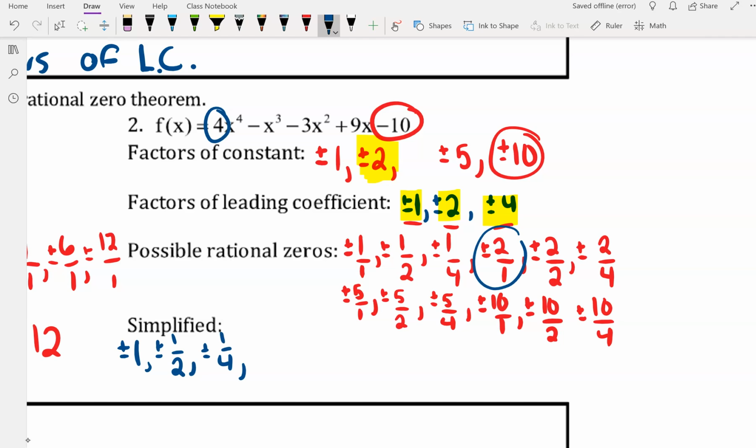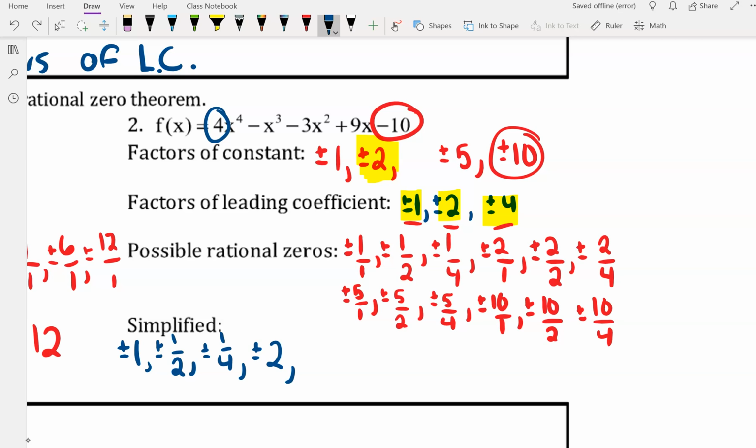Now, next in our list, we have plus or minus 2 over 1, which I just reduced to plus or minus 2. All right, then next on the list, we have plus or minus 2 over 2. 2 over 2 just reduces to 1, which we already have in our list. So I don't need to repeat that one. So I'm going to move on to 2 over 4. Well, 2 over 4 reduces to 1/2, which I already have. So I don't need to repeat that one either.